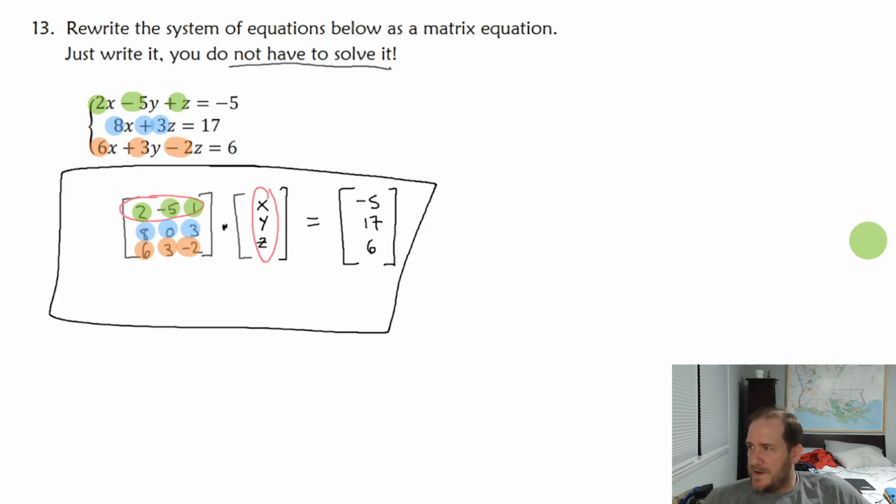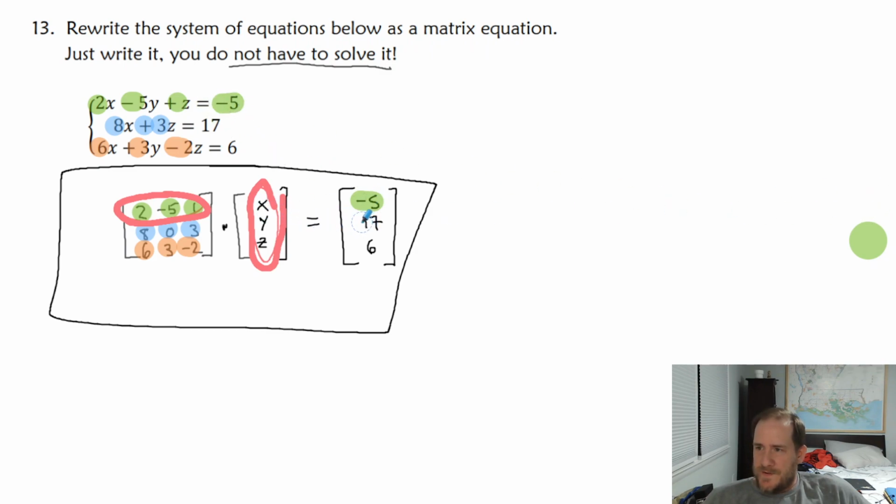Then I explained that since matrix multiplication is done by multiplying a row by a column, you know that you need to take the actual variables now and plop them into a matrix that's just one big column. So it's 3 by 1, x, y, z as a column. Then you know that when you actually do all this multiplication, over here the entry you'd get is the negative 5.